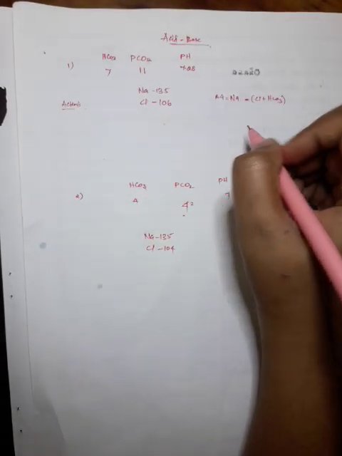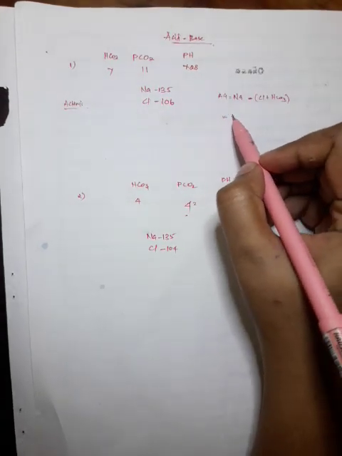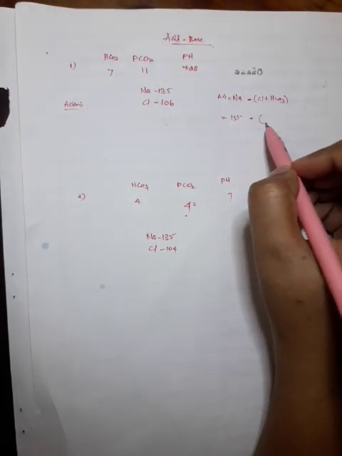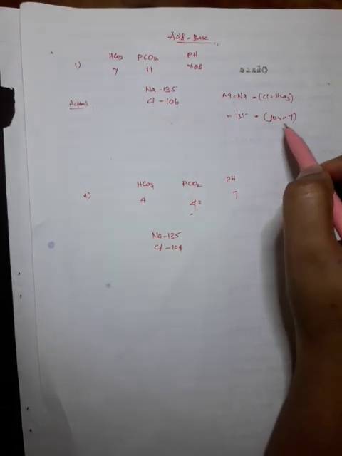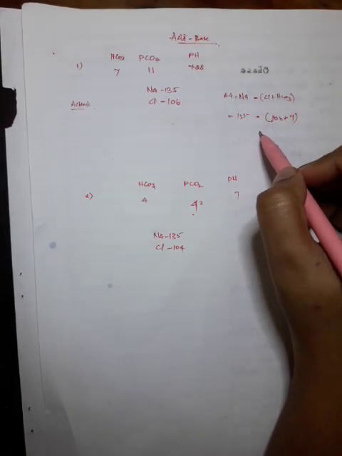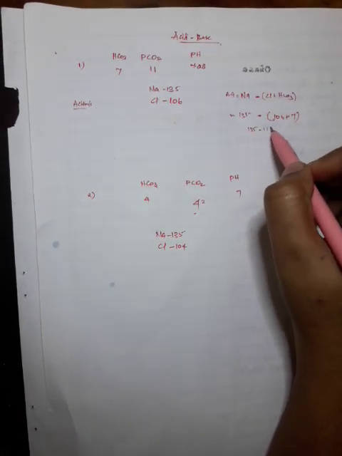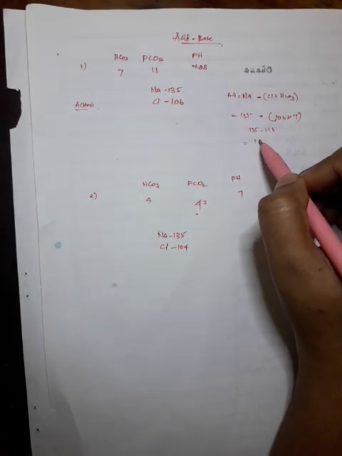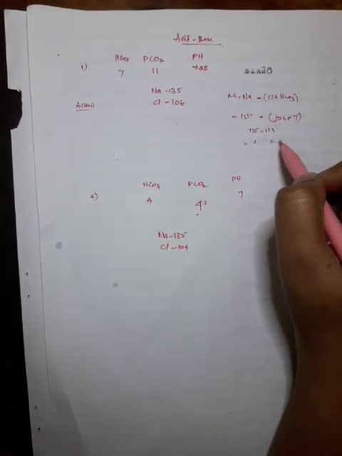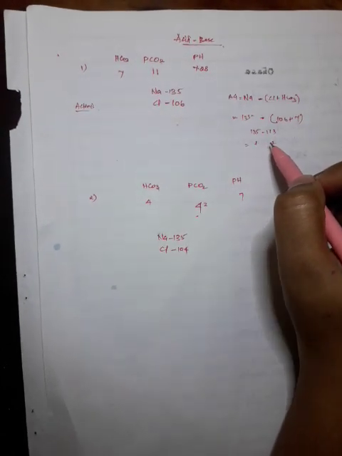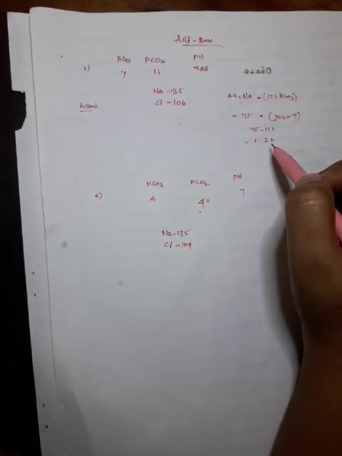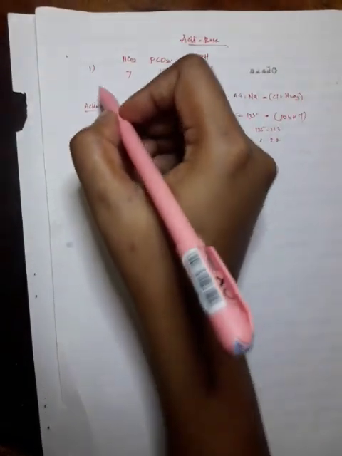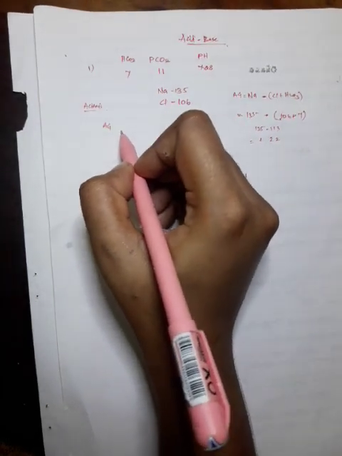Sodium value 135 minus chlorine value 106 plus 7. 106 plus 7 is 113. 135 minus 113 is equal to 22. So the anion gap is 22.